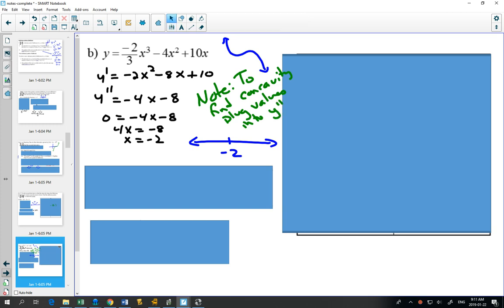So if I plug in something less than negative 2 into my second derivative, say negative 5, what am I going to get? 20 minus 8, positive 12. So if I plug a number less than negative 2 into my second derivative, it comes out positive, meaning that section has to be concave up. Does that match? Yes.